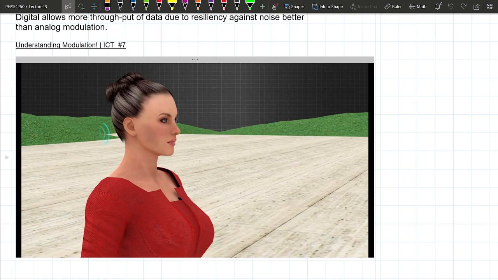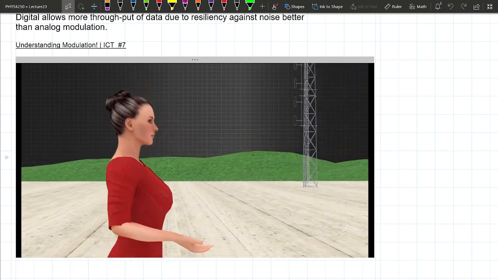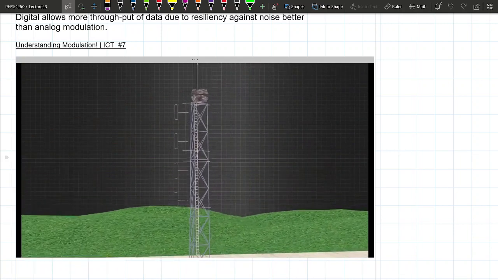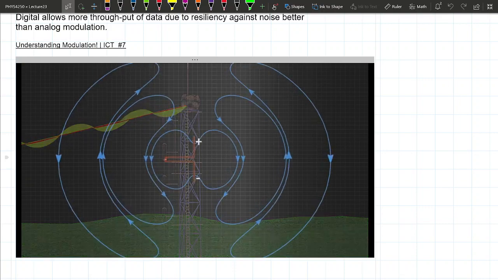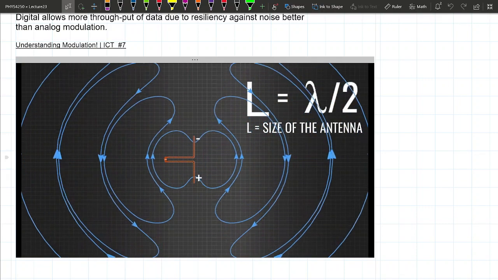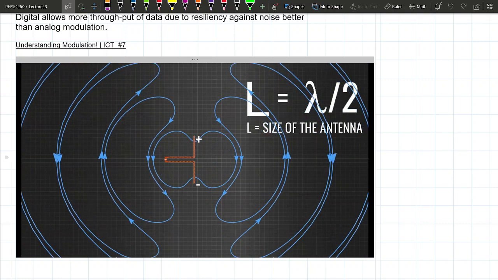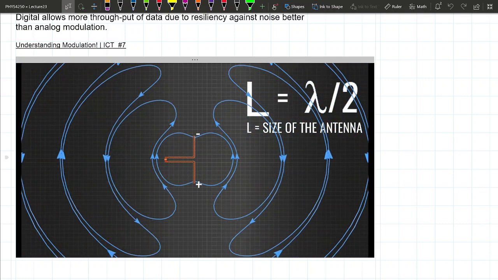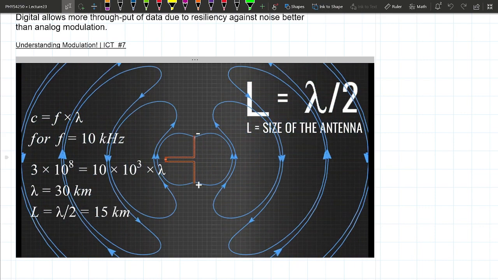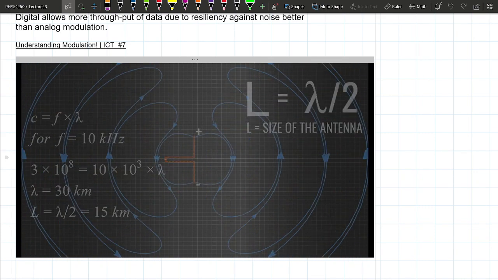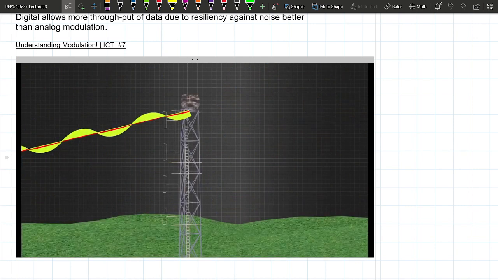Humans have the capability to hear sound frequency from 20 Hz to 20 kHz, but if a radio tower transmits electromagnetic waves of the same frequency, the size of the antennas required will be really high. In the antenna video we have already seen that the size of the antenna is proportional to the wavelength. If we had transmitted the electromagnetic wave in the same frequency of sound, the antenna size required would have been in the range of kilometers. How come I got a different number? This is why we need modulation. Before the electromagnetic waves are transmitted, they should be modulated to a high-frequency signal.